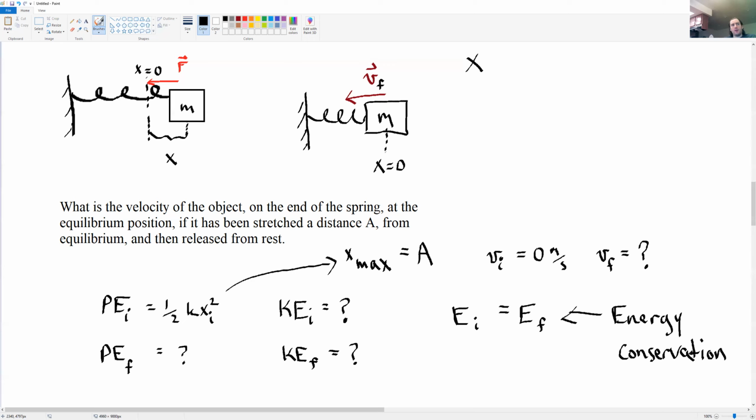If you don't need help, just go ahead and keep working. Trying to find the final velocity at equilibrium.